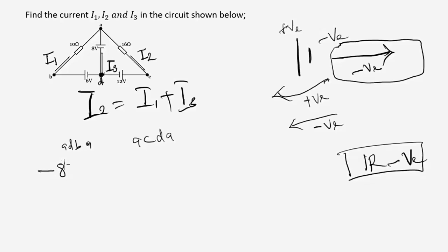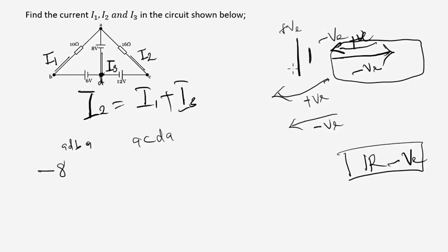So minus 8. And then from D to B. Now, look at this. We are moving from negative to positive. So we'll have to change to positive. Now, it's an opposite direction of this. We're moving this way. So it has to be positive.